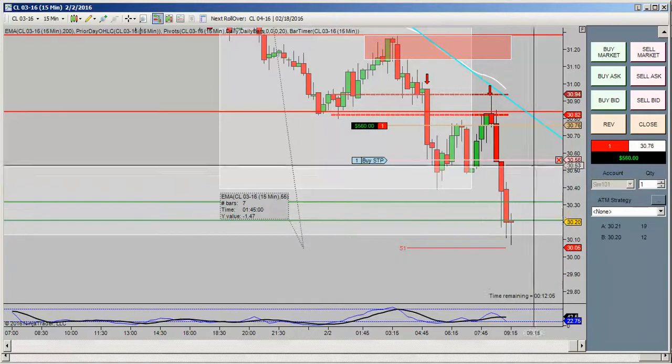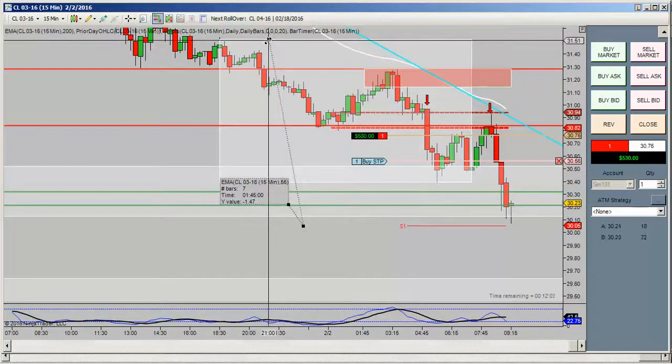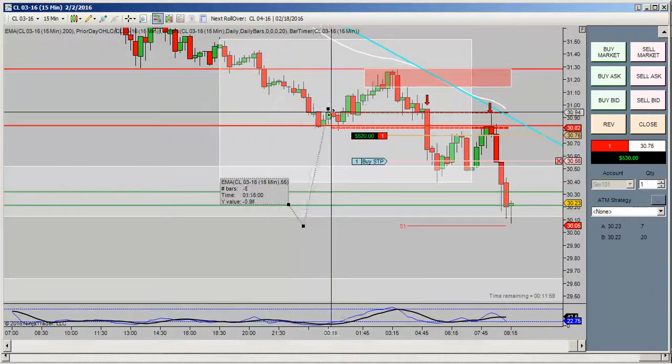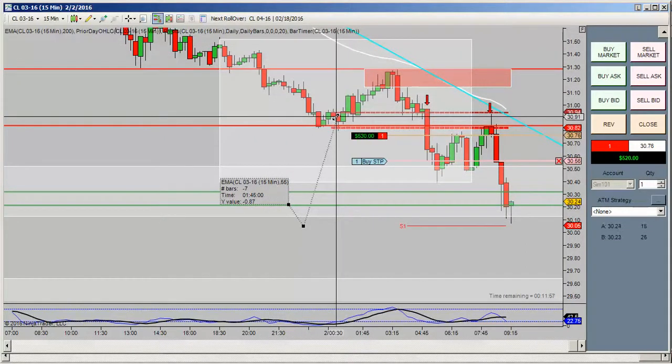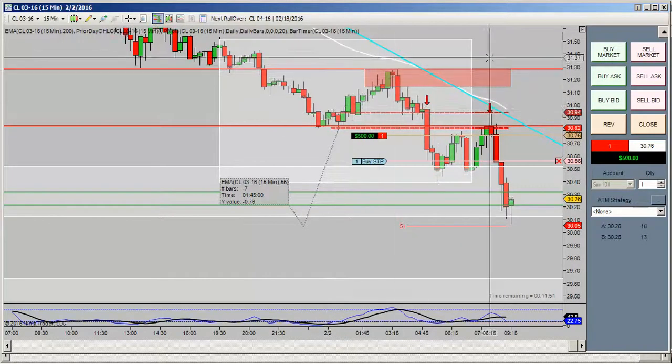That's why it's resisting. From previous close, we're doing 87 cents. We did 87 cents from previous lower day. We did 76 cents. So I would think this is gonna go a little bit further down.